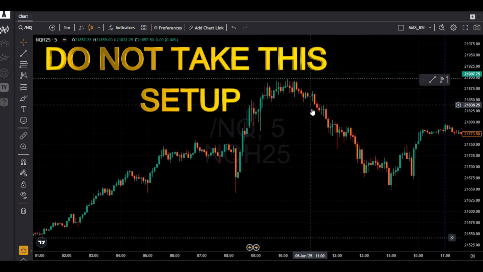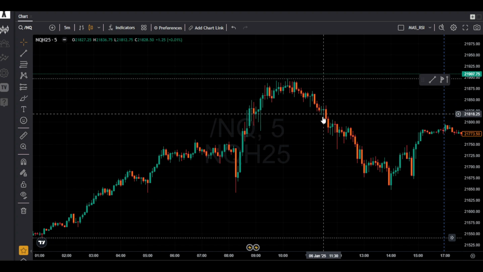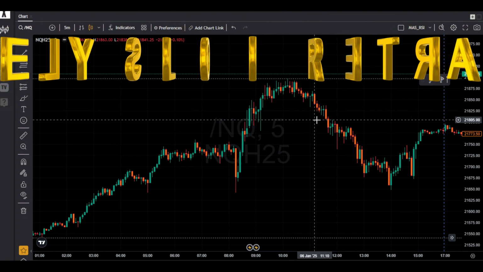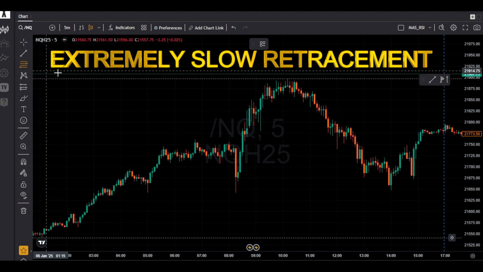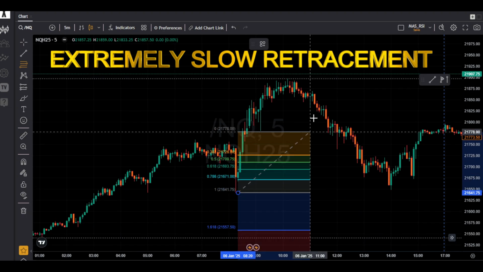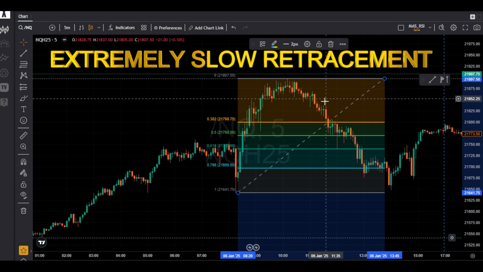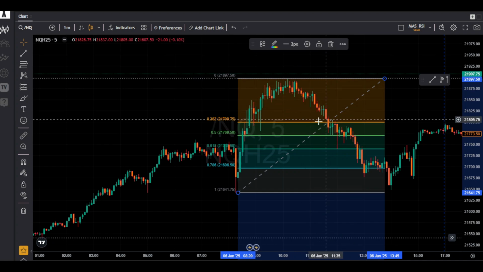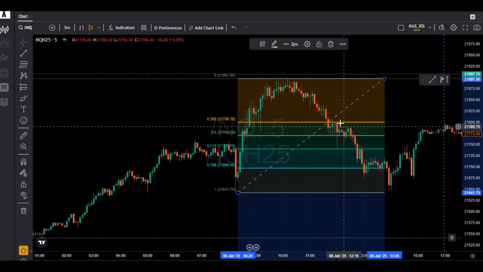But when it is coming down doing the retracement, you're seeing so many different candles it's making. It's kind of a sideways slow market. And let's say we draw our fib tool over here, all the way from low to high. Over here, you're going to see the market consolidating when it comes to the 0.5 area.